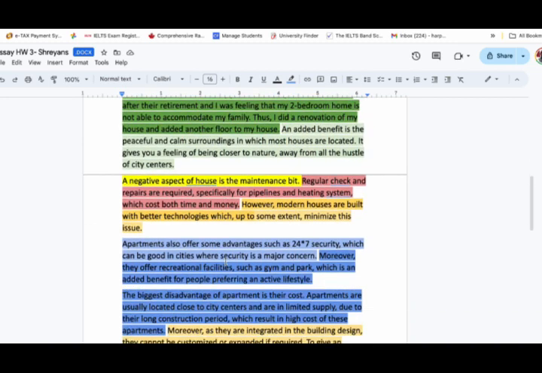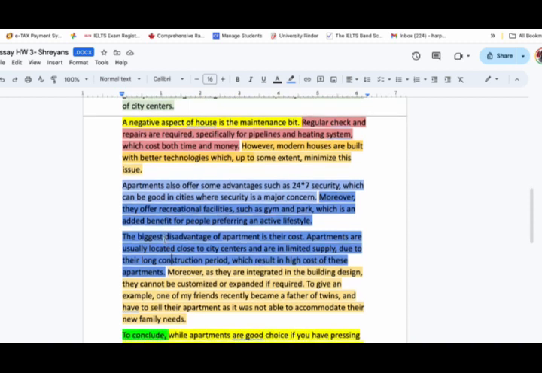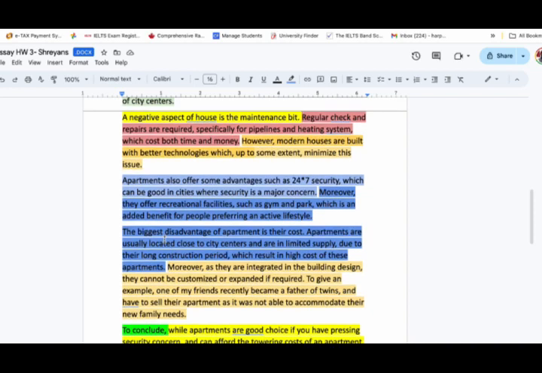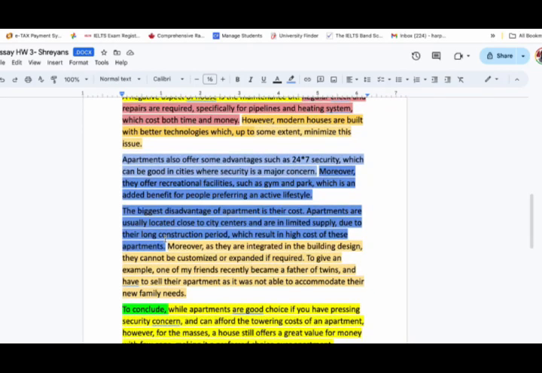So if there is a balanced way of explaining things in all four things, advantages and disadvantages of both, then I think the student can score a little higher. Also, related vocabulary or higher order English could have been used, so that could have made it a much better essay.